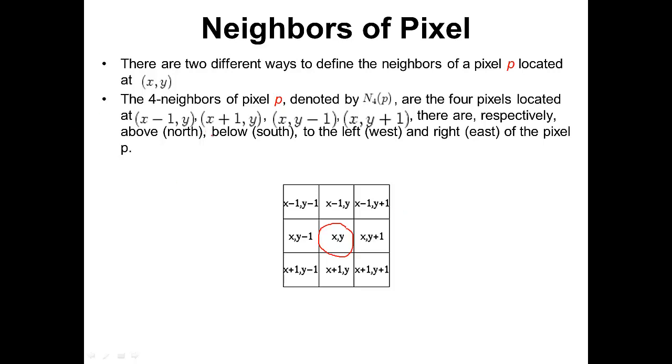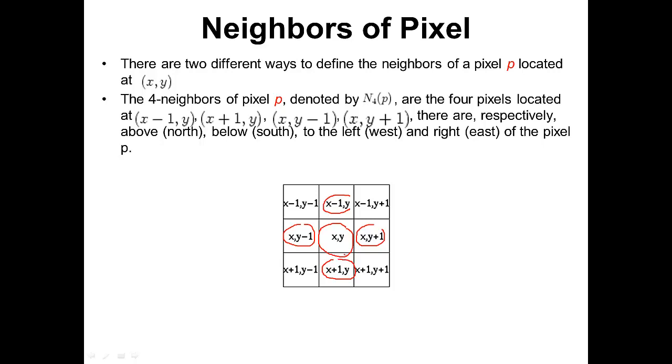In image processing, when you talk about the neighbors of a pixel, we have different types. One type we call 4 neighbors of a pixel. That means the neighbors of this pixel are this pixel, this pixel, this pixel, and this pixel.